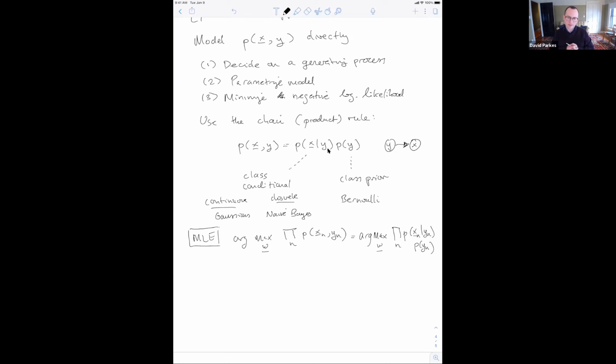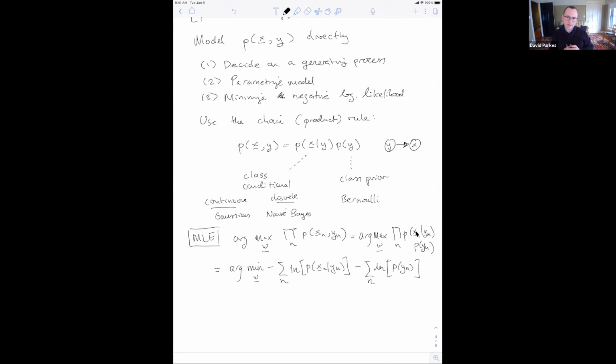Okay, the product of those two things. And because logs play nicely with products, we can write this whole thing as, and then I'm also going to take the negation, the argmin of minus the sum of the log of p xn given yn. That's using the first thing here, taking the logs, and I'm negating, minus the sum of the logs of the second term.